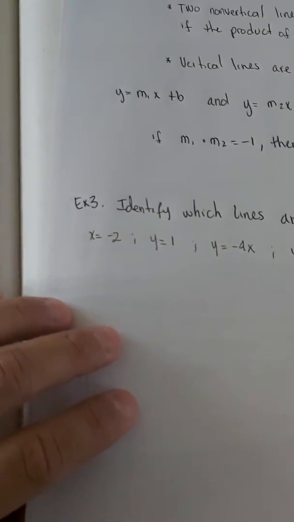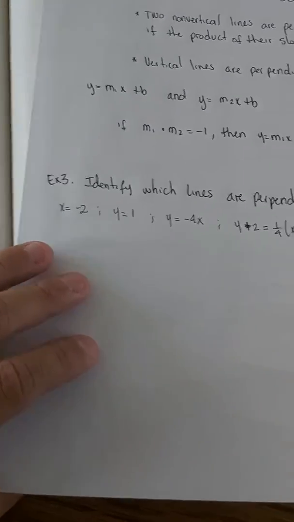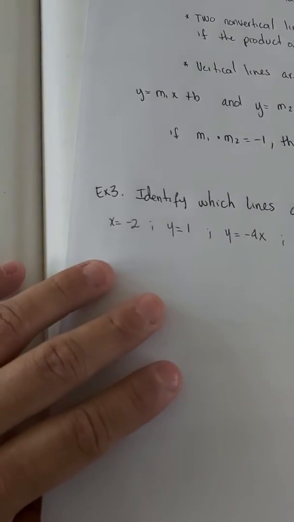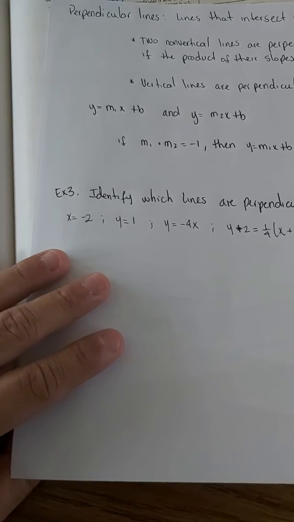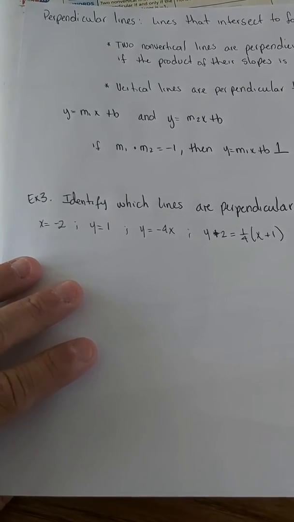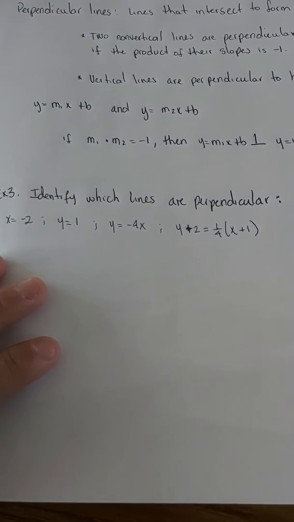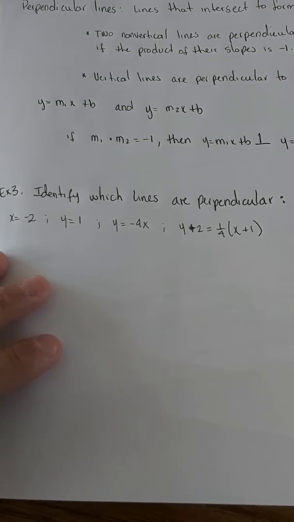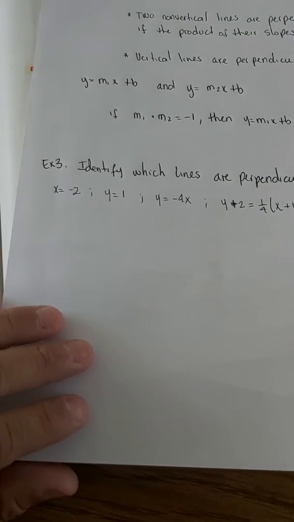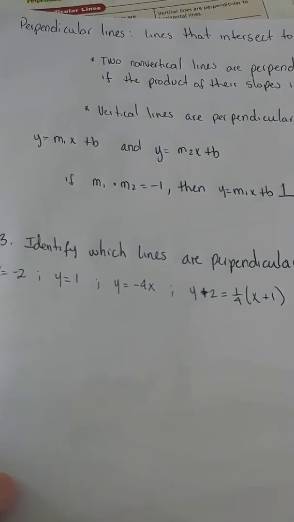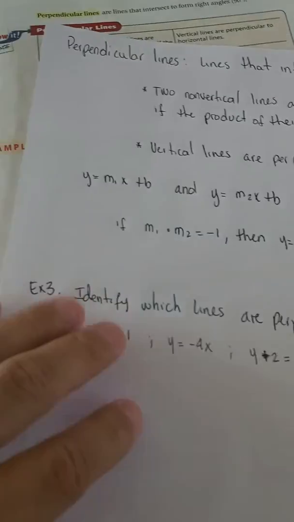Now, if we look at example 3, it says identify which lines are perpendicular. And we have four linear equations: x equals -2, y equals 1, y equals -4x, and y plus 2 equals 1/4 times x plus 1. Okay, let's go back to the definition.